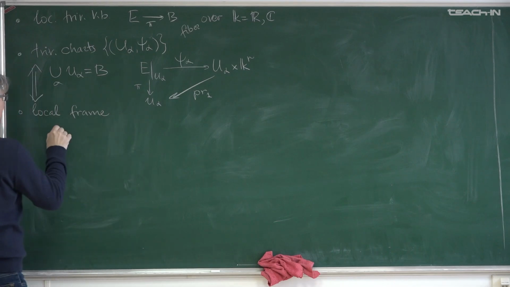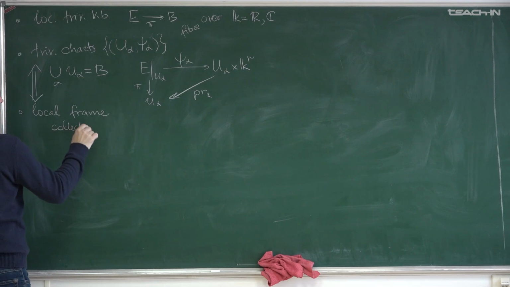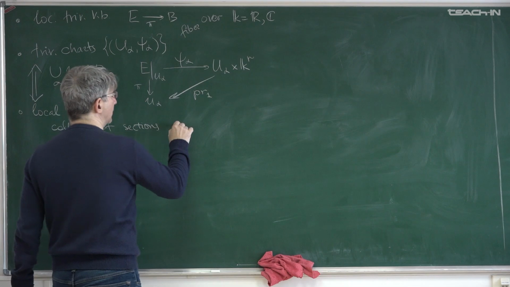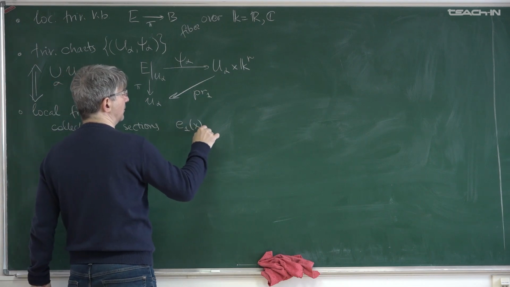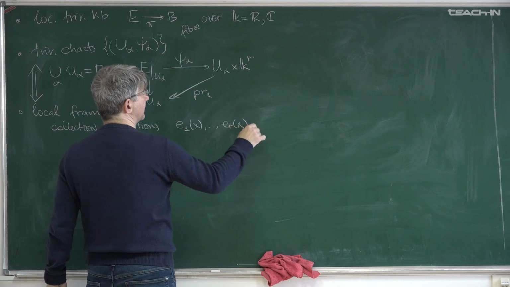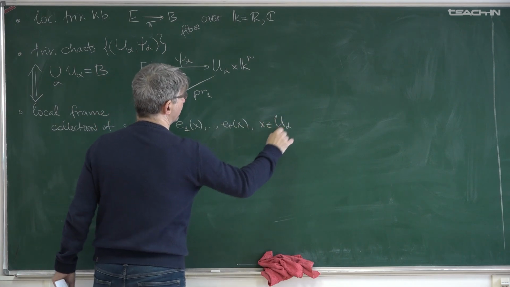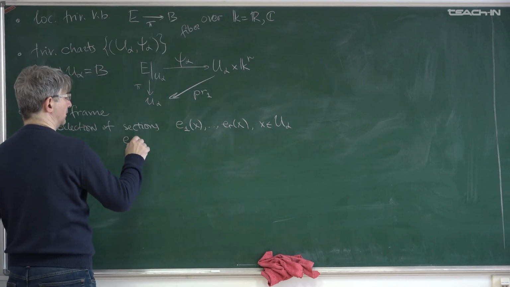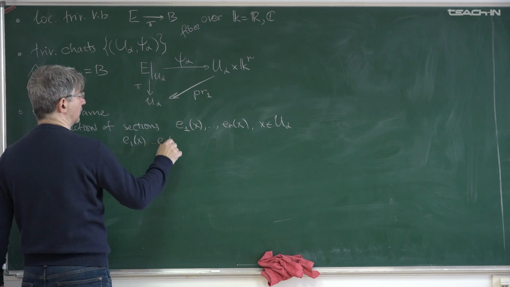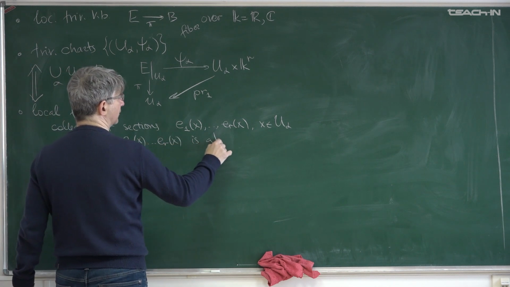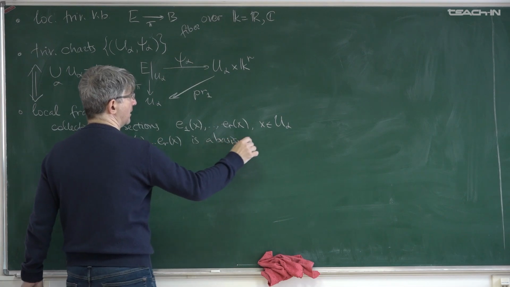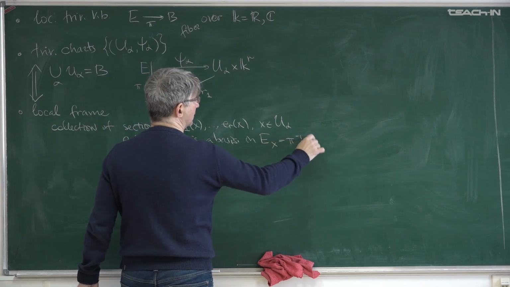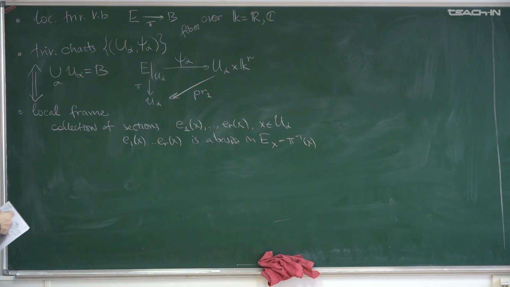This is a collection of sections E1 of x, and so on, up to Er of x, where x belongs to the open set U alpha, and these vectors E1 of x, ..., Er of x form a basis in E_x. This is the fiber of our vector bundle over the point x.